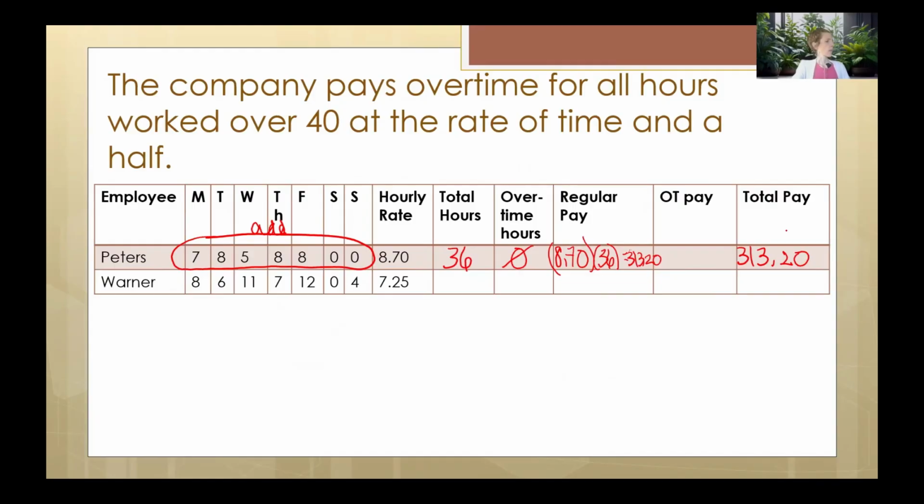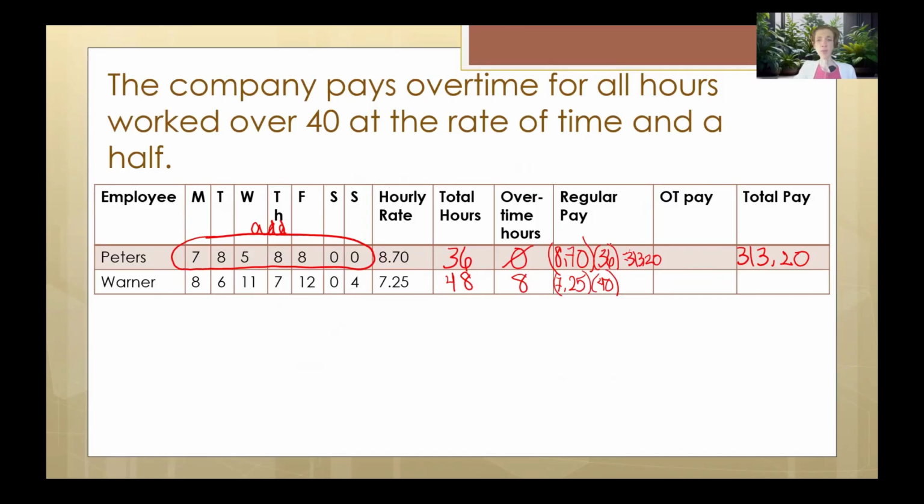Okay. Then Warner. Okay, so we're going to add up the total hours and we get 48. So how many hours are overtime hours? 8, right? So then his regular pay is going to be 7.25 times 40. Okay.